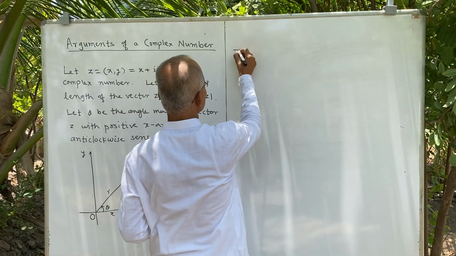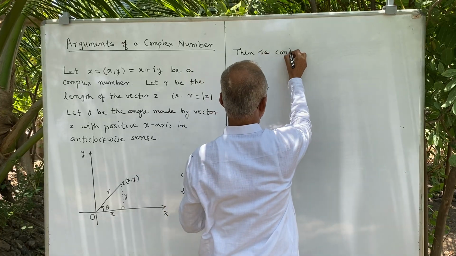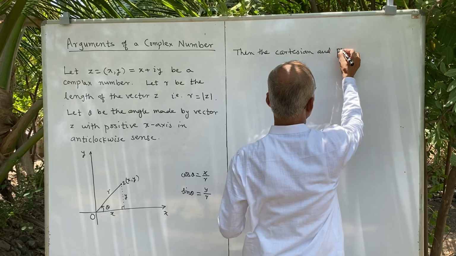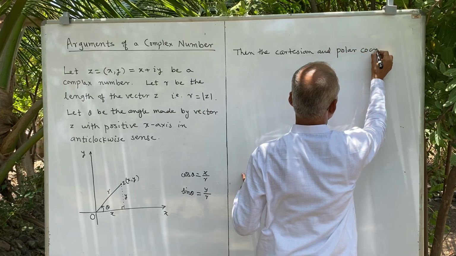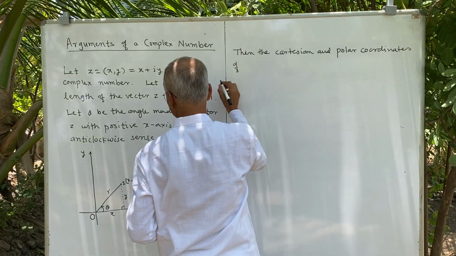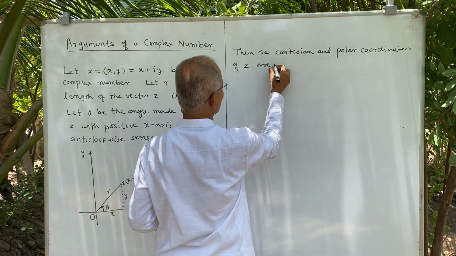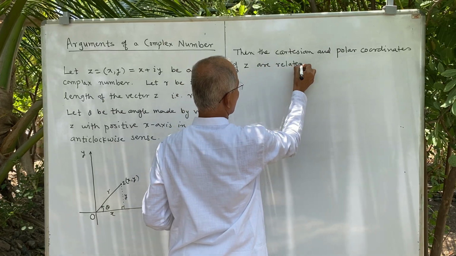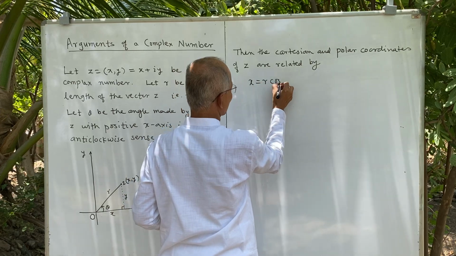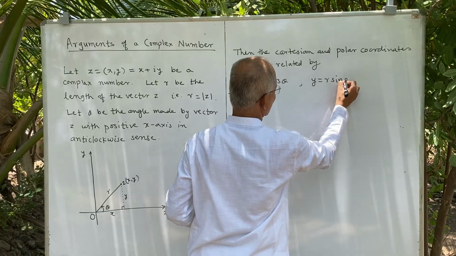Then the Cartesian and polar coordinates, r and theta of z, are related by x equals r cos theta, y equals r sin theta.